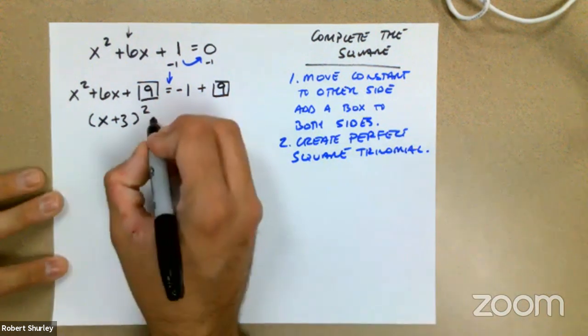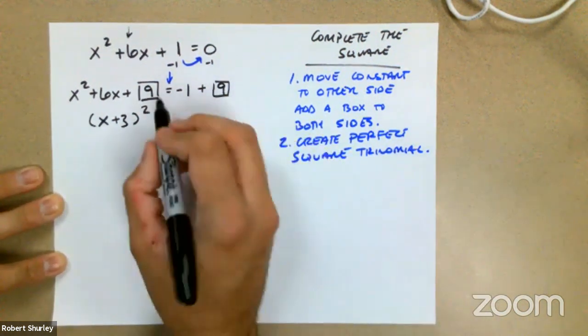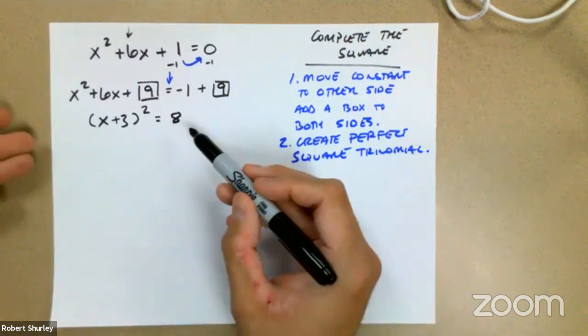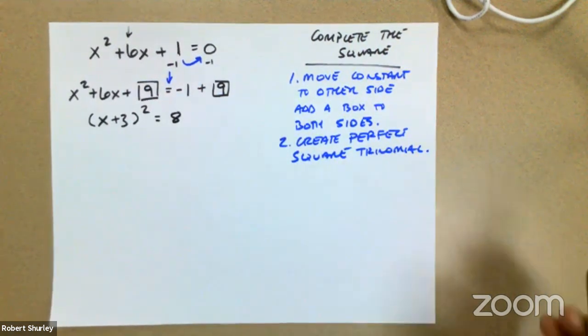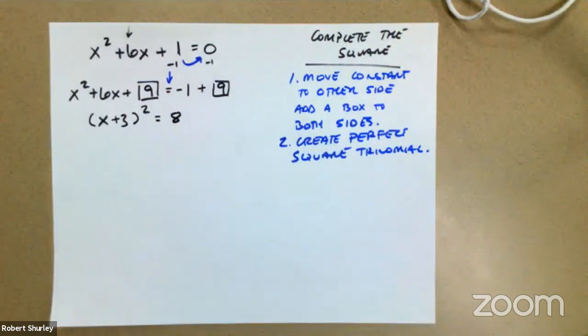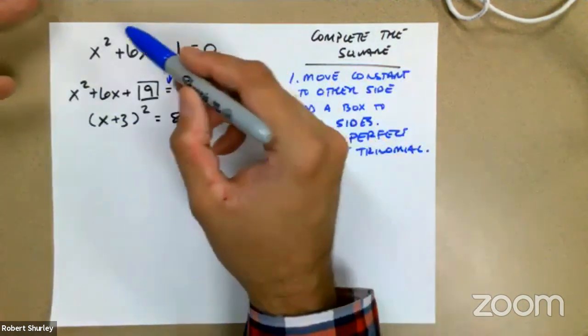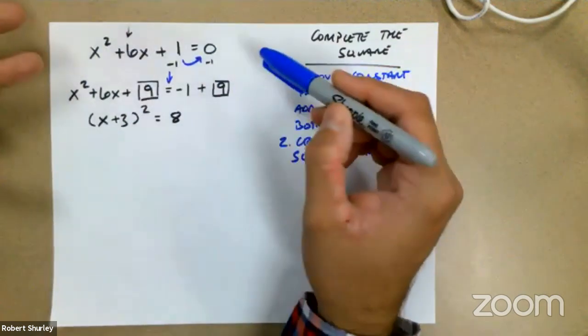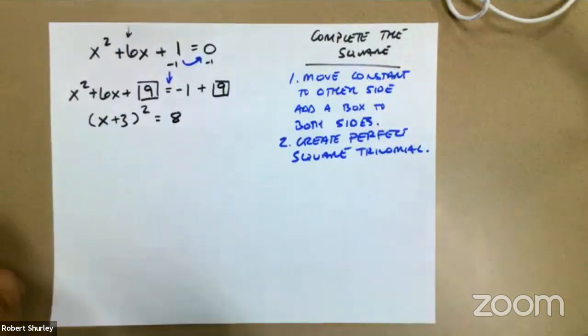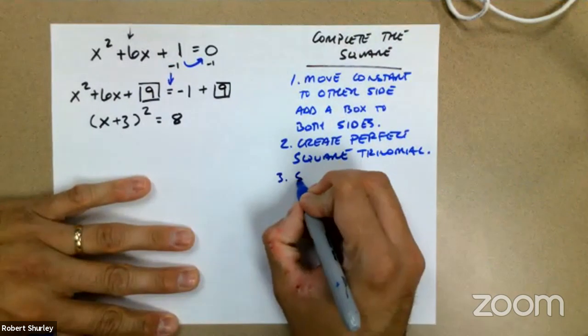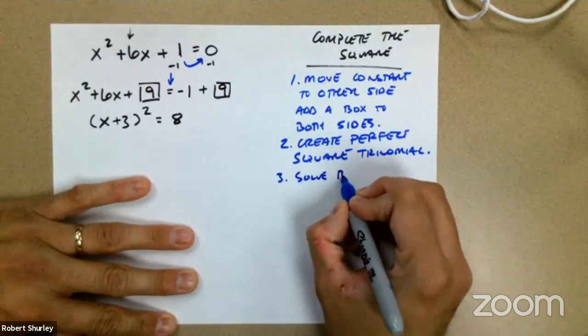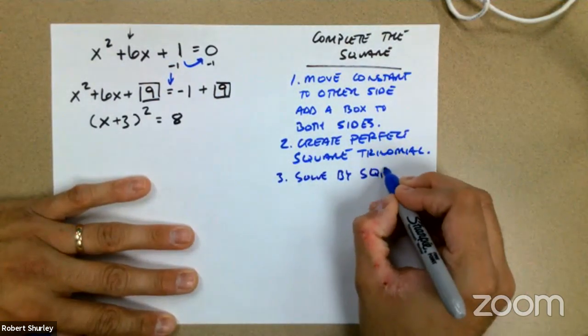And notice now, if you add these together, you get 8. Look, we have a square root property example, the one we've been doing so far, right? So what we've done is we've manipulated a nice basic quadratic into one solved by the square root property.